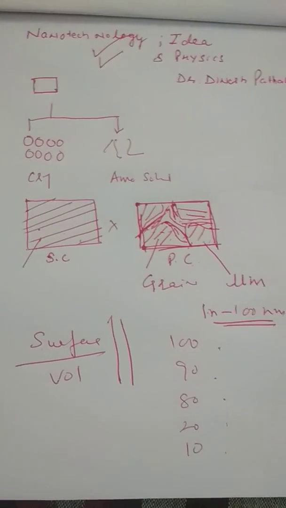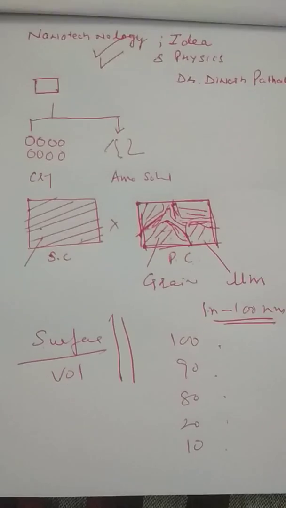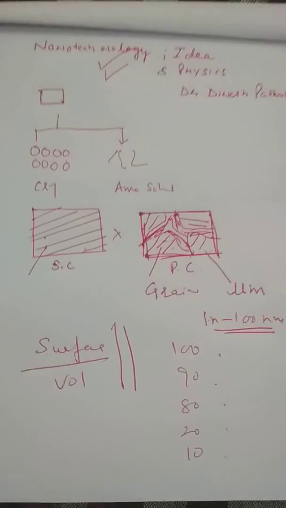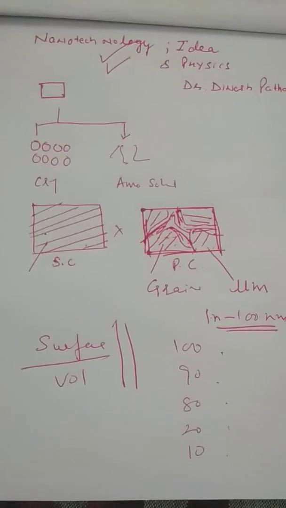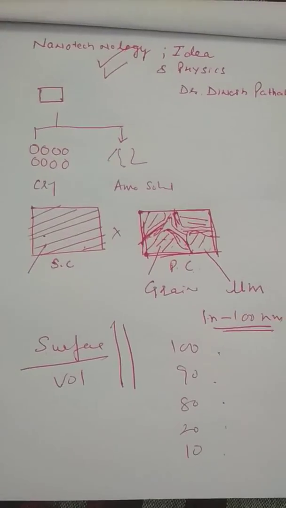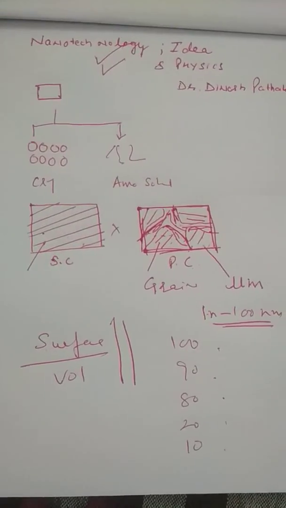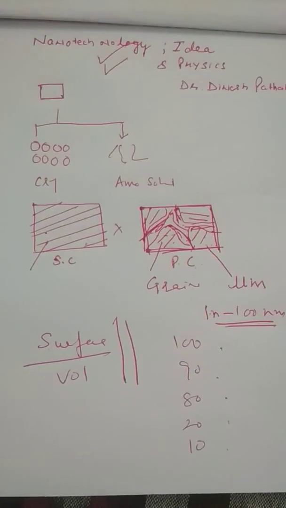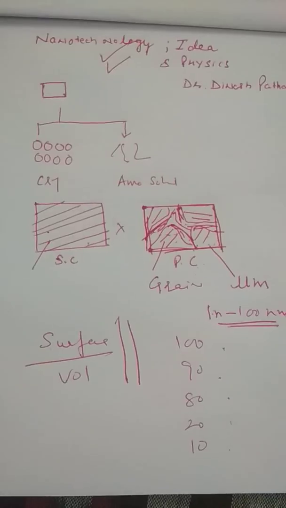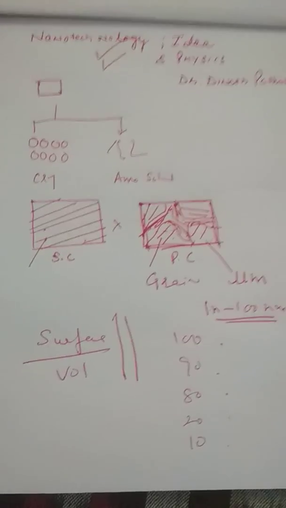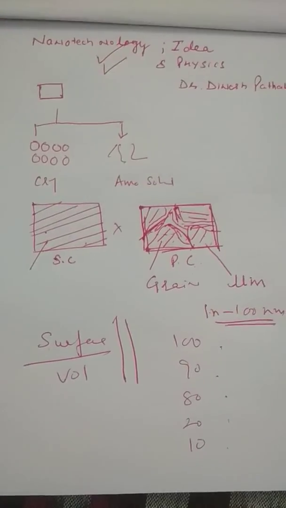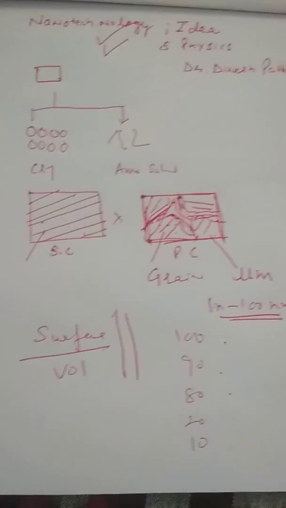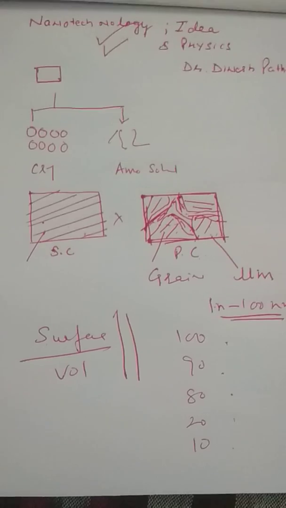That is why nanotechnology got attention, because from the same material, without doping, just by increasing the surface to volume ratio more and more, various properties of the material can be obtained, meaning new materials can be engineered without doping. That is why nanotechnology got the attention of scientists, and many materials are being explored in nano form. So this is some introduction about nanotechnology. I hope you understood it.